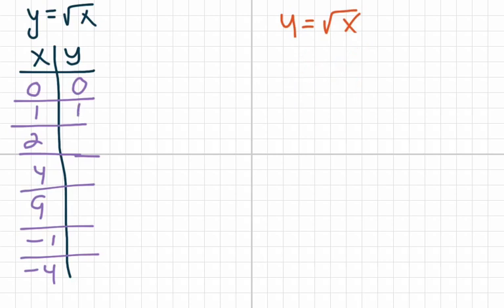Now, let's try the square root of 2. This you probably need your calculator for. It's honestly pretty late, and it's been a really long day when I'm recording this. But yeah, you probably want to grab your calculator.